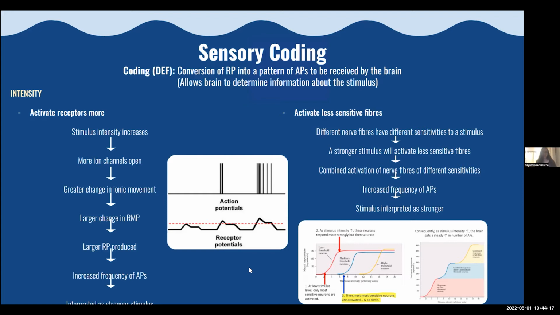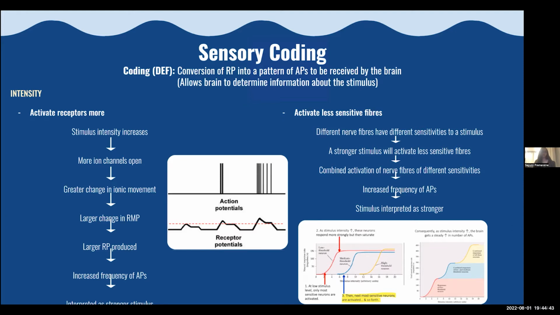So on the left-hand side, the left spike on the receptor potential, you can see that it doesn't hit the action potential threshold, which is the red line going across. So there's no action potential being produced. But then the middle spike does go past that line and it will produce some action potentials.